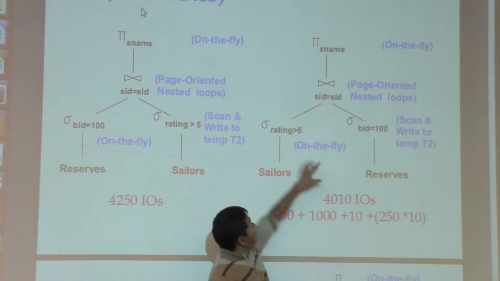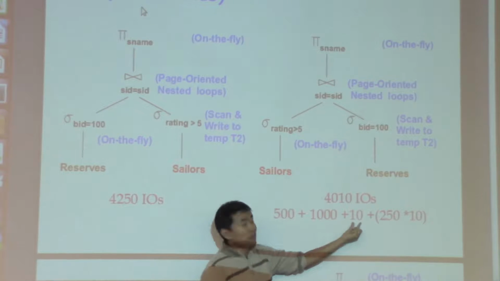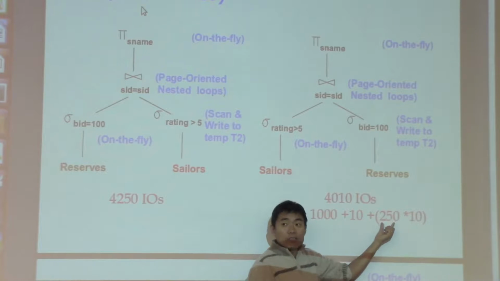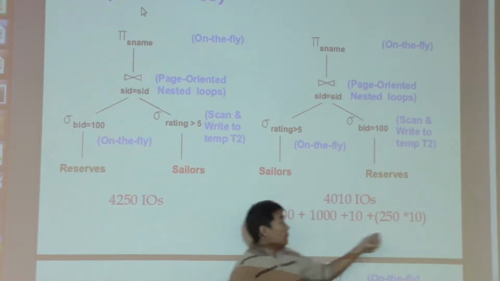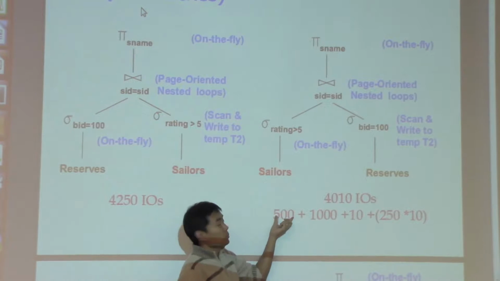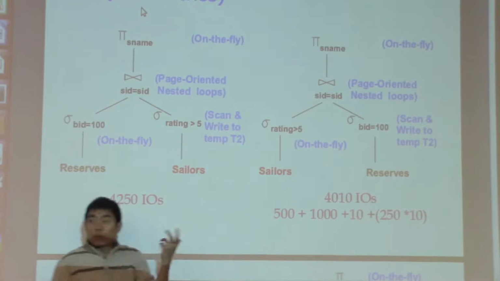And then for every 2 pages, I need to scan these 10 pages, so that's 250 scans over 10 pages. And by the end of the day, when you finish scanning this, you need to read this once, which is 500 I/Os. So that's the total cost. I mean, you save a little bit, but not too much.